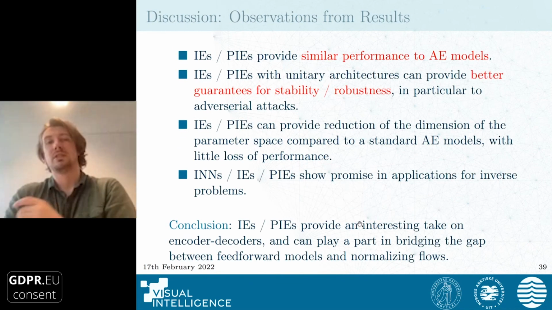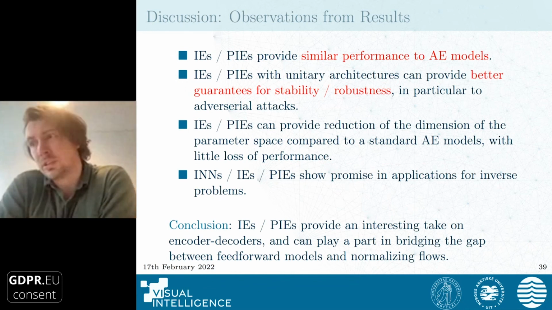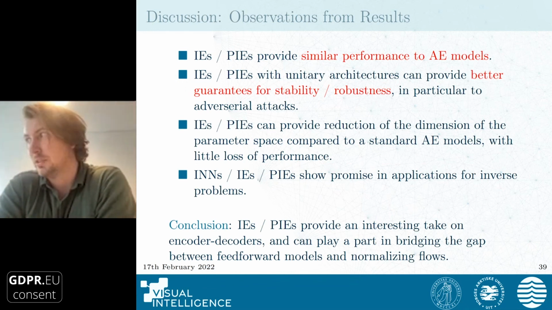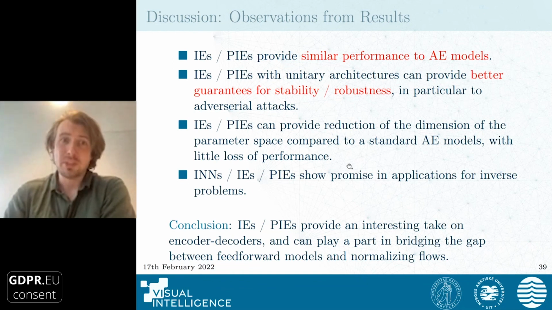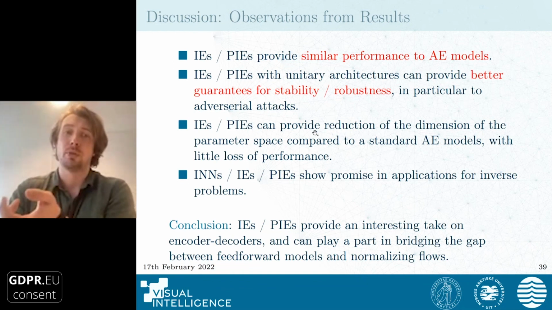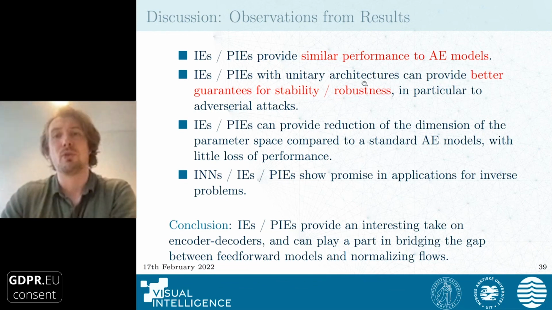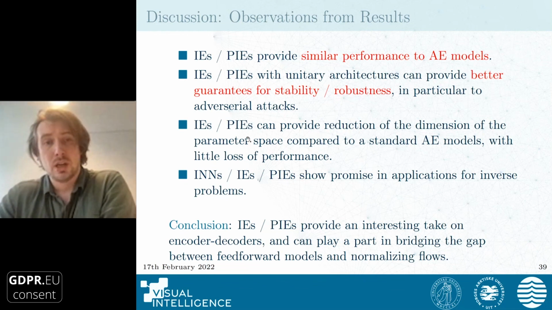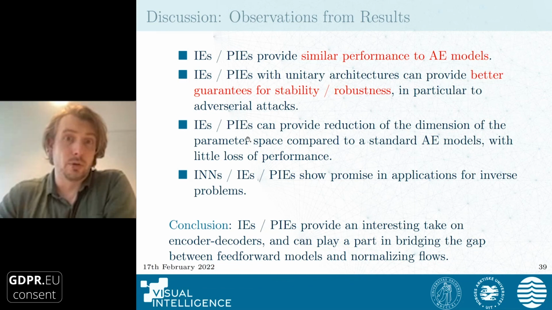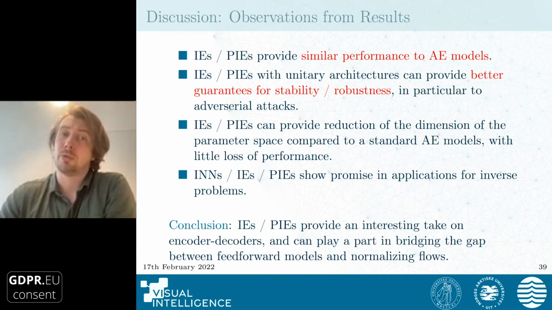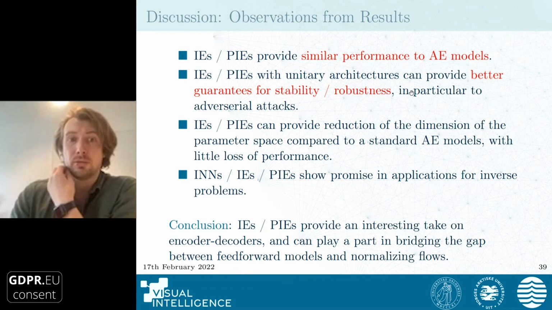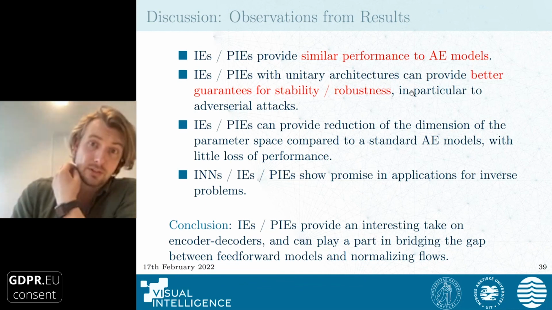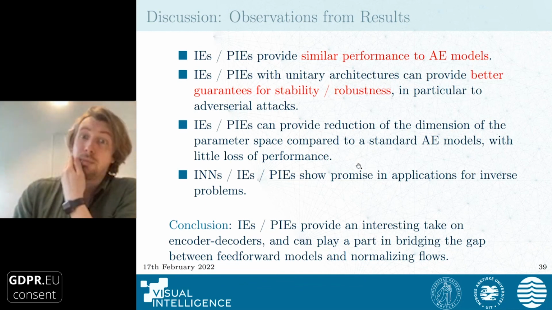So the observations that we made from our results, which can be read in our master thesis once it's uploaded to Duo, are that invertible encoders and pseudo-invertible encoders provide similar performance to autoencoder models. The invertible encoders or pseudo-invertible encoders with unitary architectures can provide better guarantees for stability and robustness, in particular to adversarial attacks.